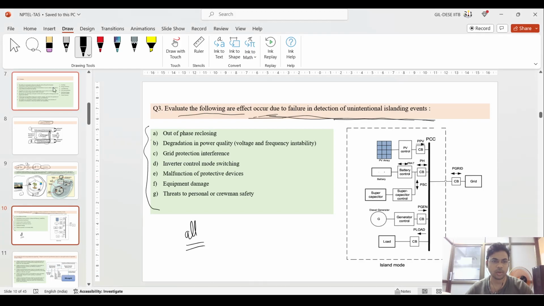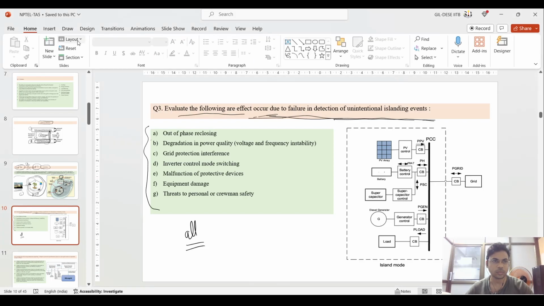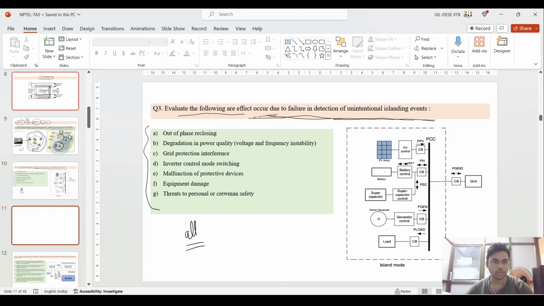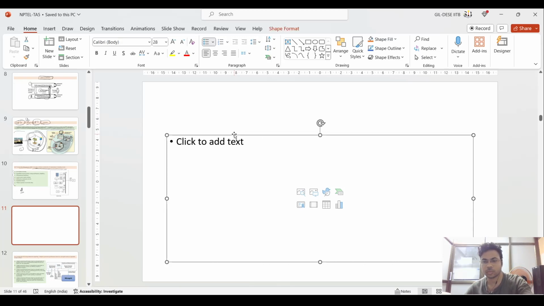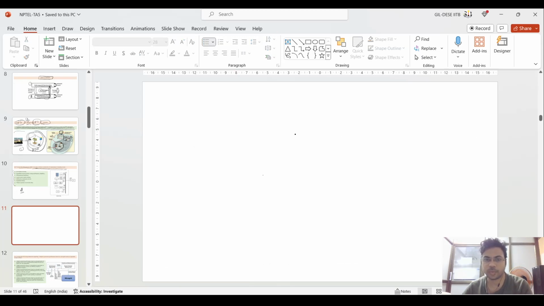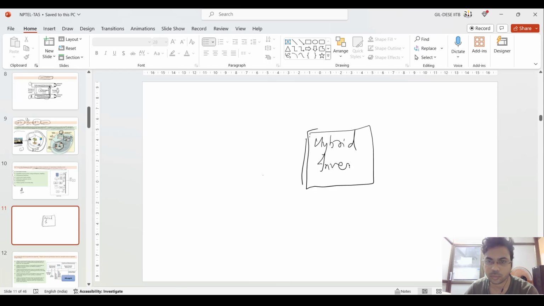Okay, let me explain this question with a real life practical situation. Let me take one new slide. Suppose I have one hybrid inverter. I will explain in this course what the meaning of this hybrid inverter is.